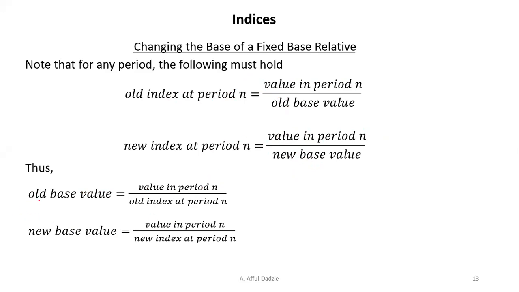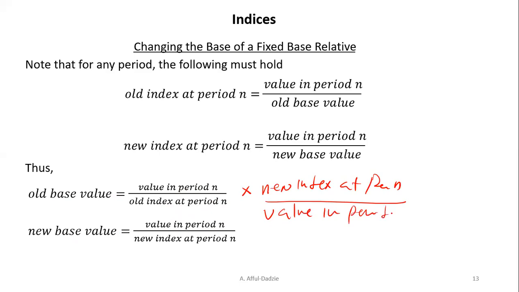If we take a ratio of the old base value and the new base value, it's like dividing this guy and this guy, old base value over new base value. You're going to have this divided by this. This is the same as the new index at period n over the value in period n.